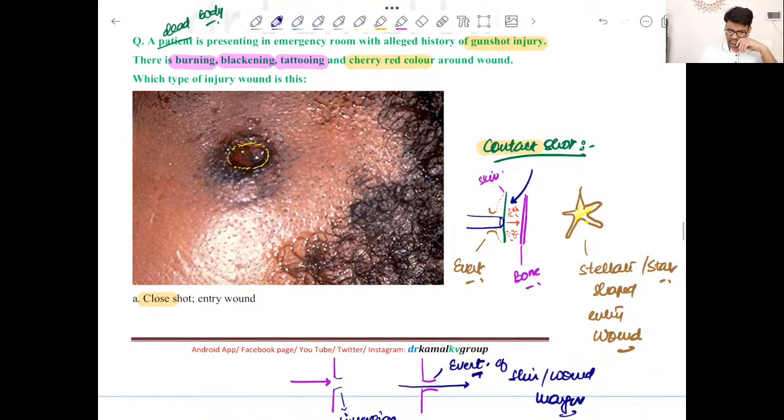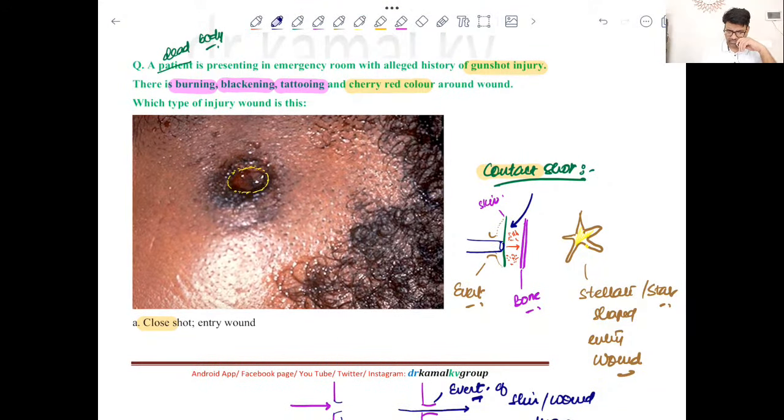Now this is, of course, as Sangmitra said, a close shot entry wound. Now what else can you see here? You can see some reddishness here, right? So this is one point which has already been mentioned in the question as well. So there is reddishness, clear? Then you can see some blackening like this.